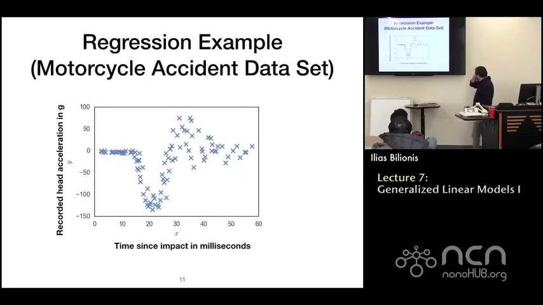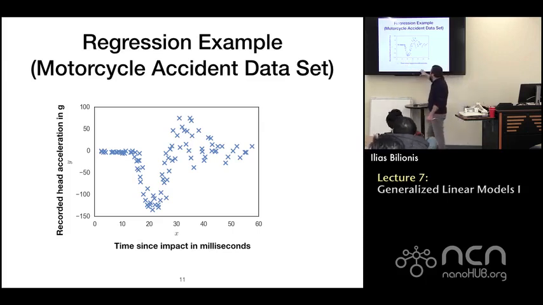Anyway, we're going to use this data set to introduce these ideas. It consists of about 200 observations of X's and Y's that are measurements of motorcycle accidents. Actually, they're not real accidents, they are simulated accidents.